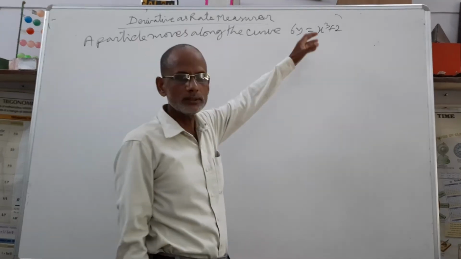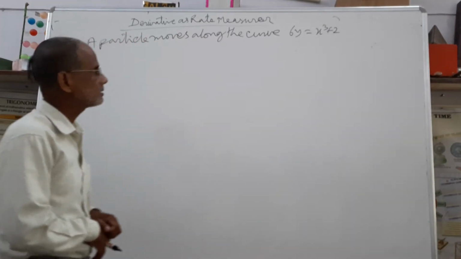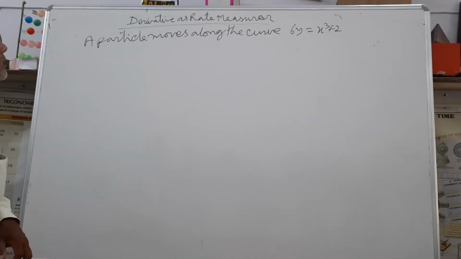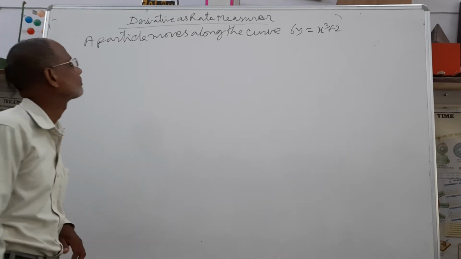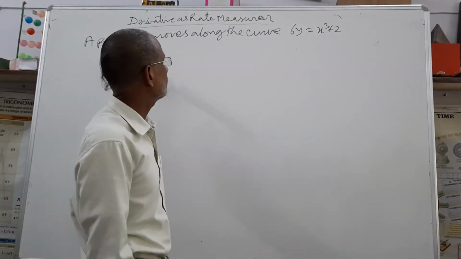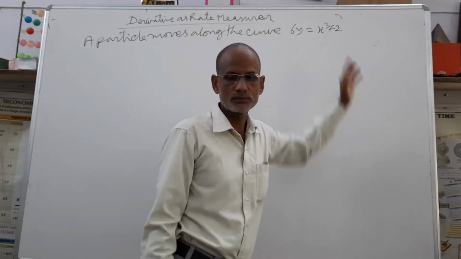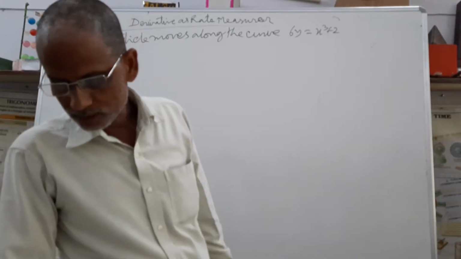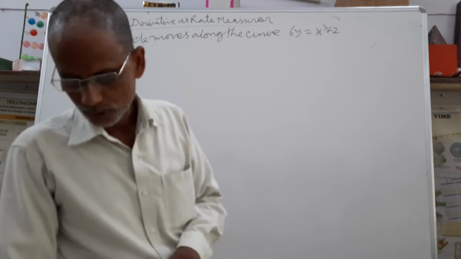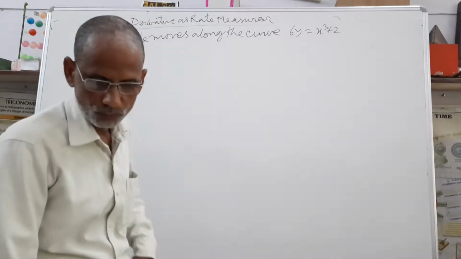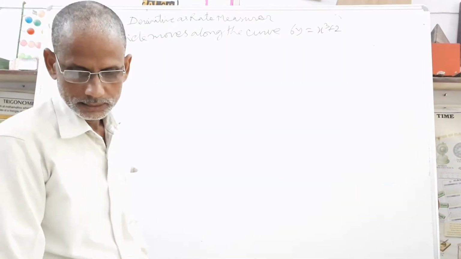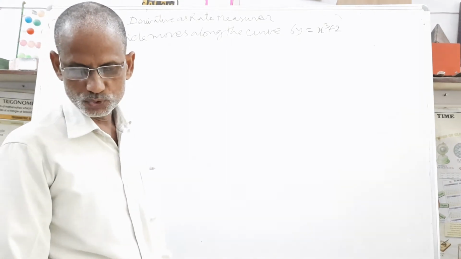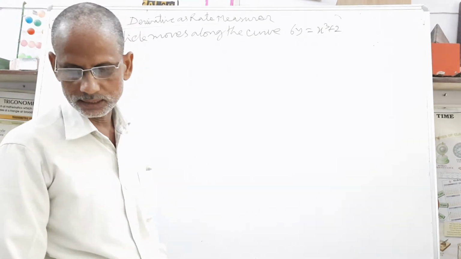This is a cubic in x, linear in y, Cartesian relation. A particle moves on this curve. Find the points on the curve at which y coordinate is changing 8 times as fast as the x coordinate.